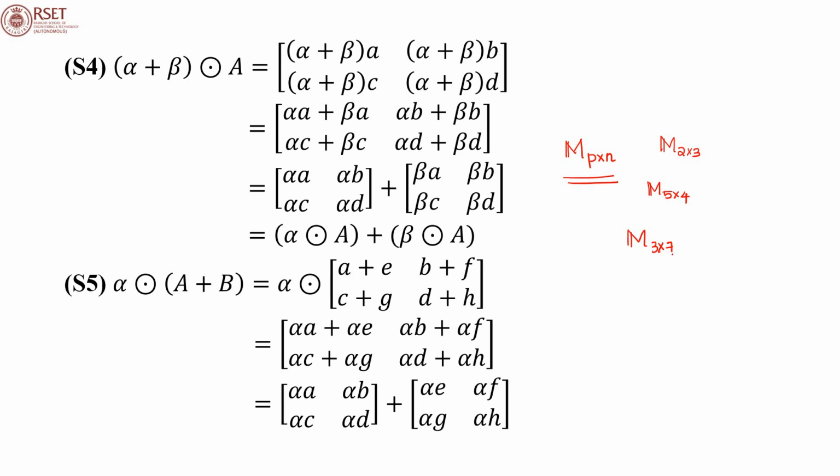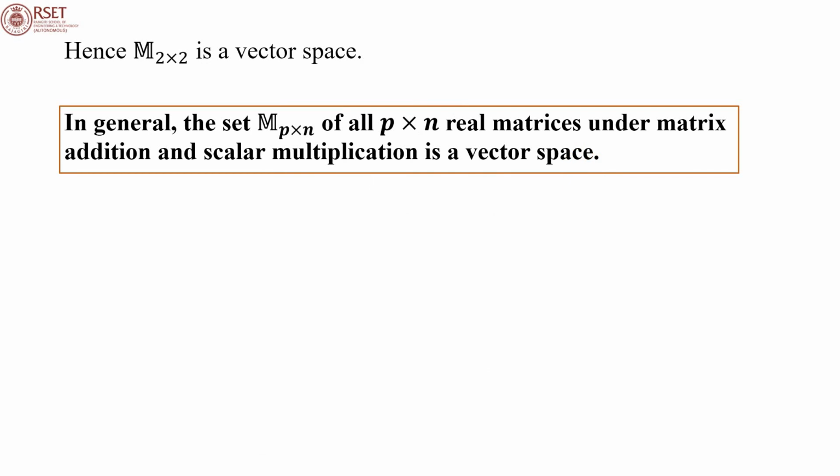In general, Mp by n is a vector space. What is M3 by 7? M3 by 7 is the set of all 3 by 7 real matrices. So that is what is said here: in general, the set Mp by n of all p by n real matrices under matrix addition and scalar multiplication is a vector space.